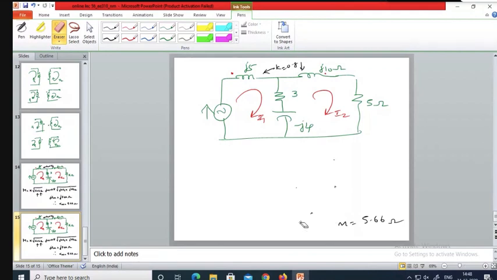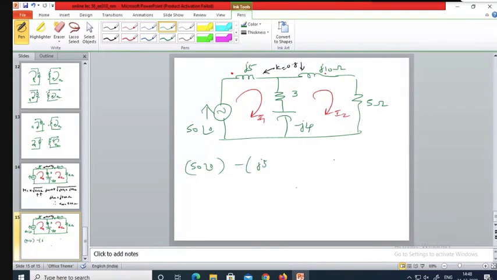Okay, let me write that equation for you. Let us apply KVL on the first loop. Follow me here. This is 50 angle 0. The drops need to be written here: minus J5 into I1, and minus (3 minus J4) into I2.